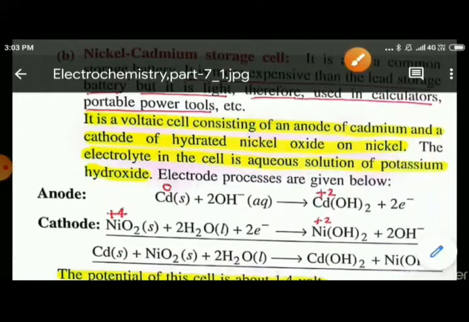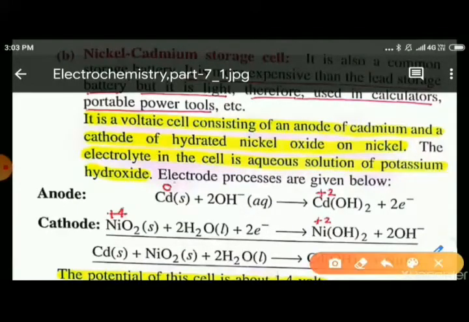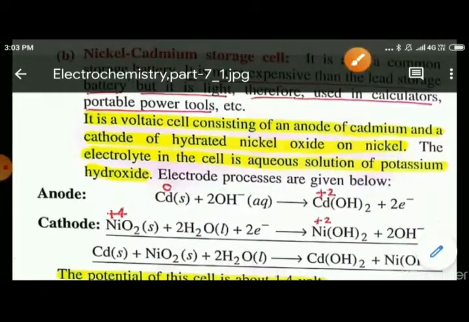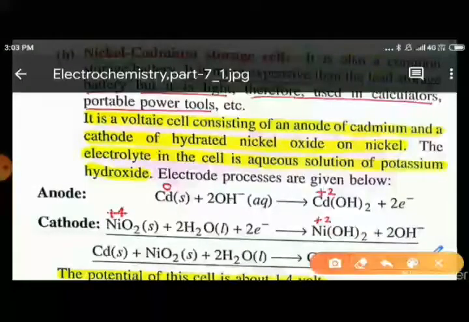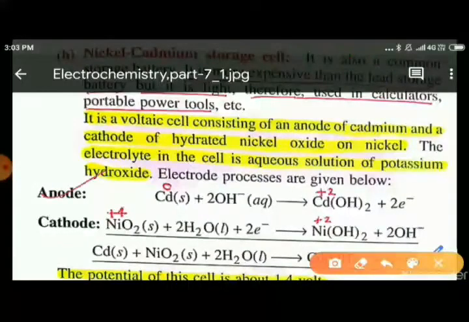In this cell, cadmium works as the anode, whereas hydrated nickel oxide works as the cathode. So the anode reaction means the oxidation reaction. Cadmium gets oxidized into cadmium hydroxide by reaction with the hydroxide of the electrolyte.